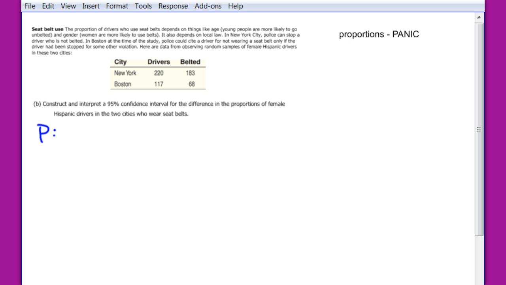What we're trying to do here is estimate the true difference in proportions of Hispanic women who wear seatbelts.